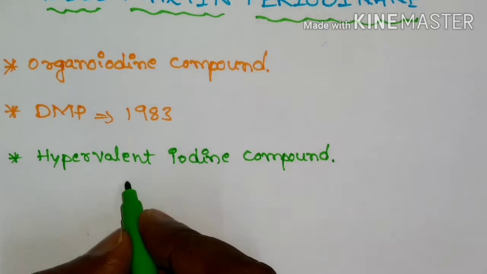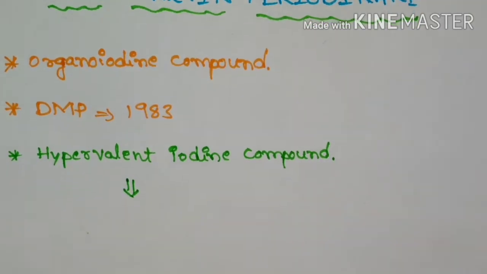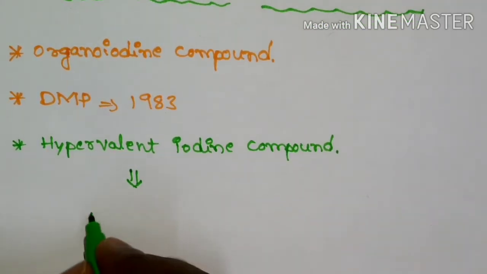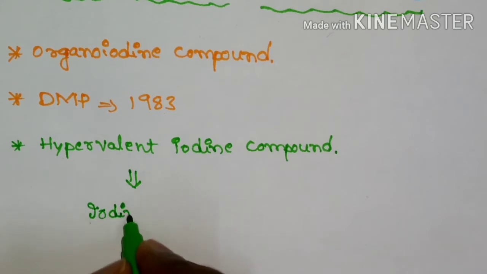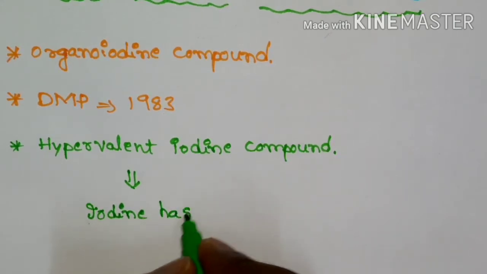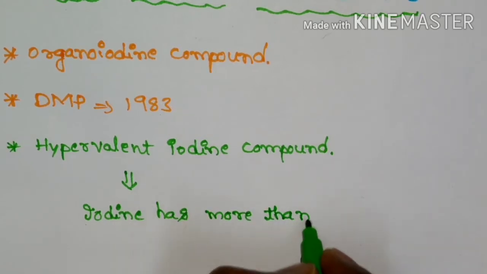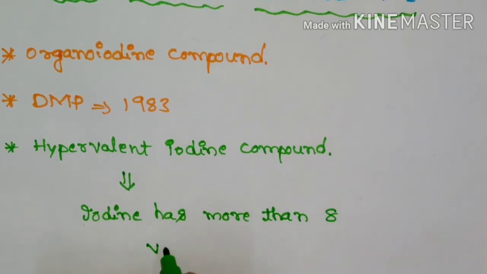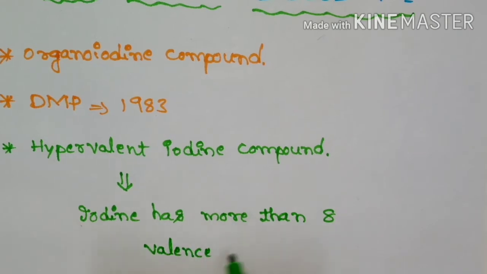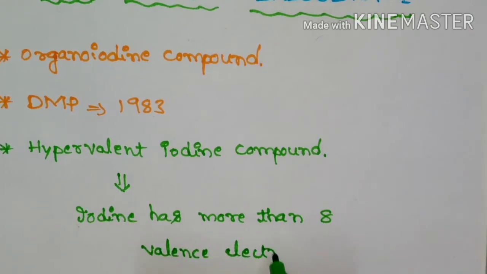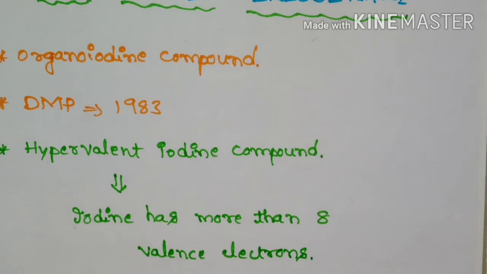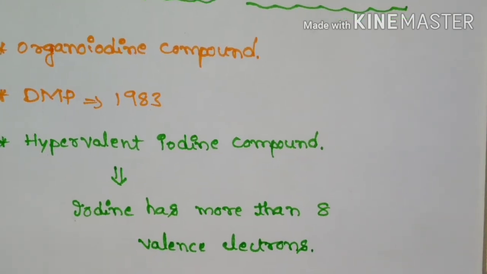Here the iodine has more than 8 valence electrons. So hence it is a hypervalent iodine compound.